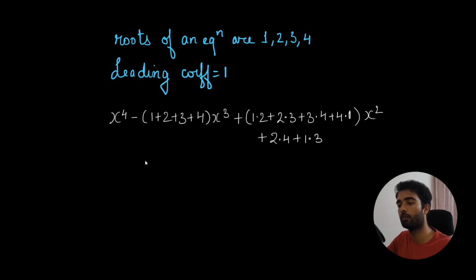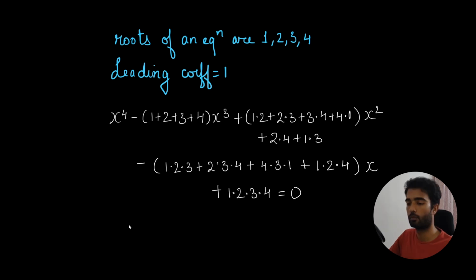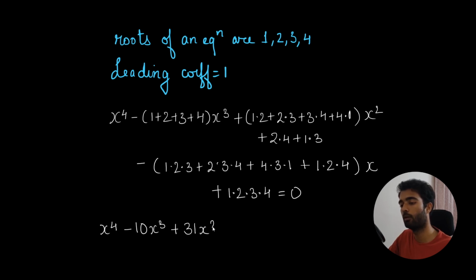Next we will have the x terms, that is the sum of product of roots taken 3 at a time. Here we are leaving 3. And the last, the constant term, is 1 into 2 into 3 into 4, that is the product of the roots. Now simplifying this, we can write x to the power 4 minus 10x cube plus 31x square minus 50x plus 24 equals 0.